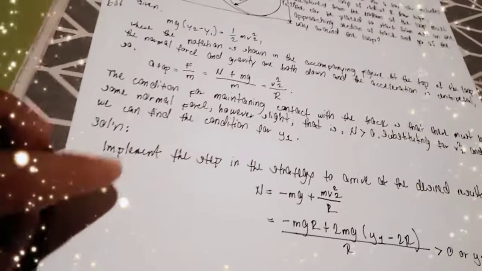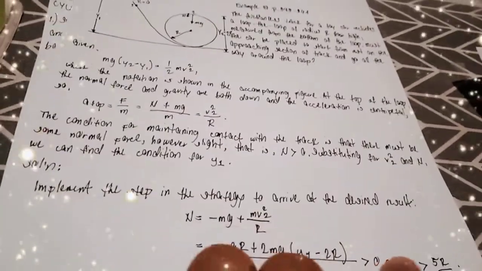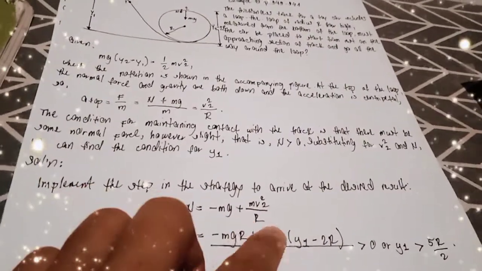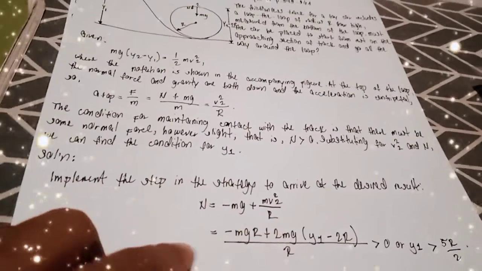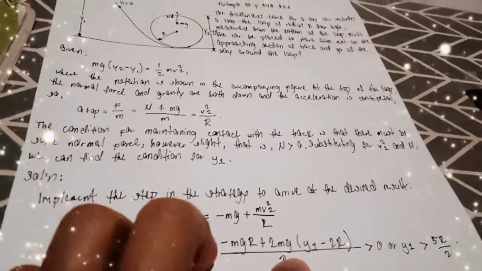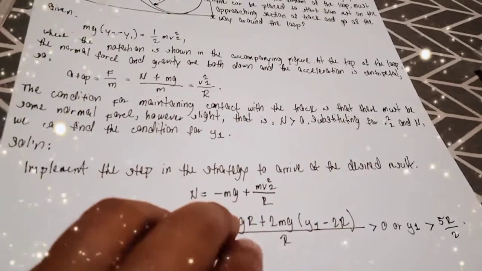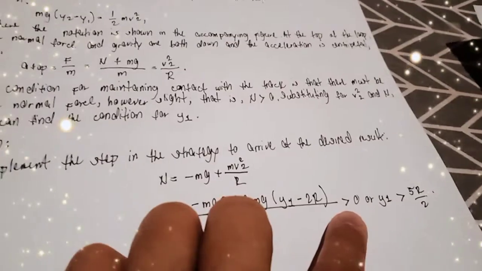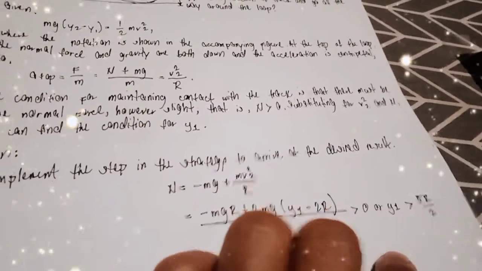So solution, implement the steps in the strategy to arrive at the desired result. N is equal to negative mg plus m v square sub 2 over r, equal to negative mg plus 2mg times the quantity y sub 1 minus 2r over r, which is greater than 0. Y sub 1 is greater than 5r over 2.